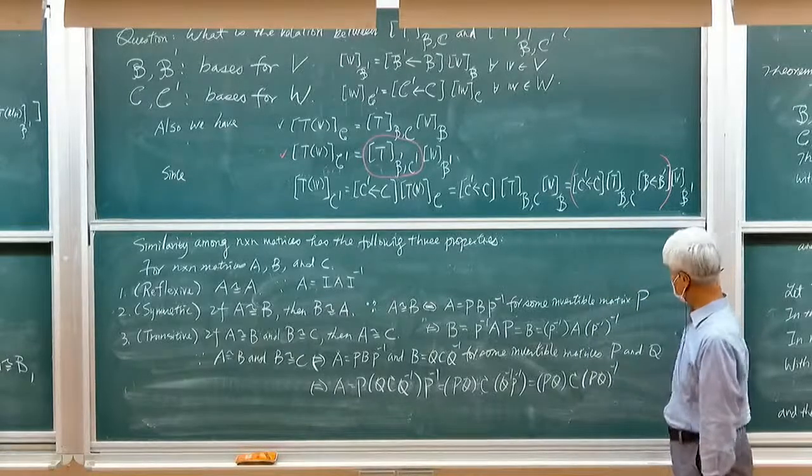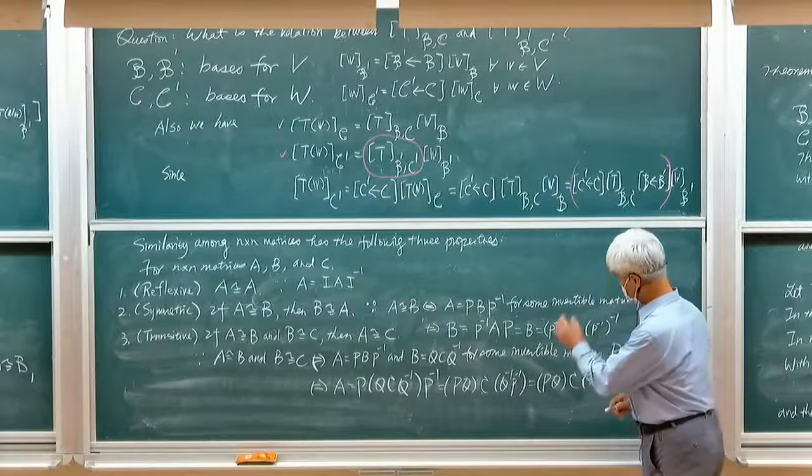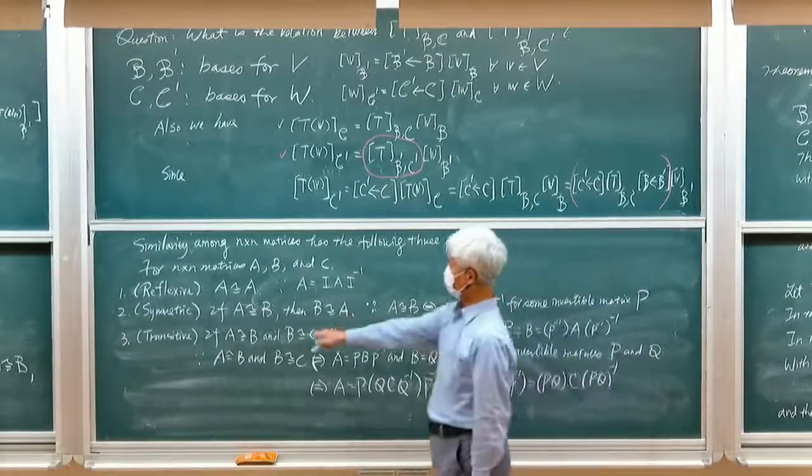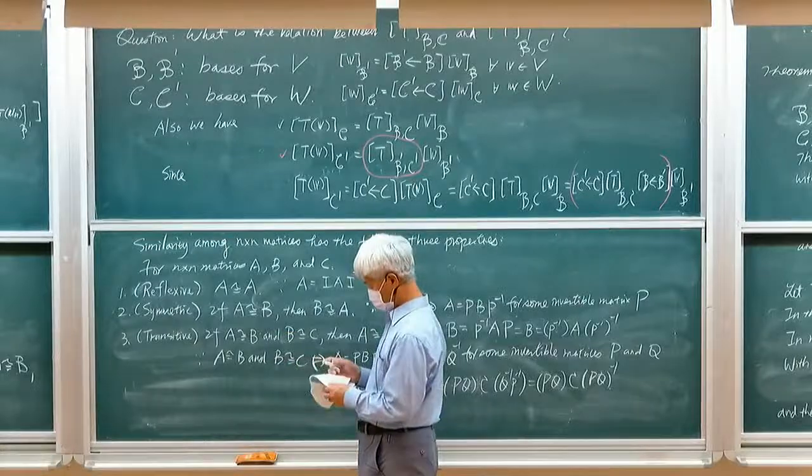So the invertible matrix needed is just the product of these two invertible matrices. So we have the transitive property.